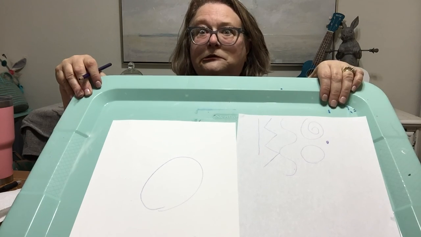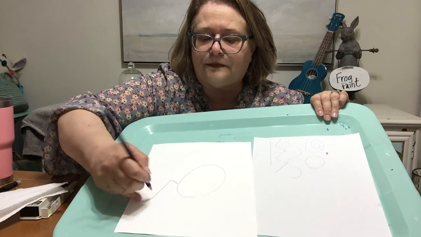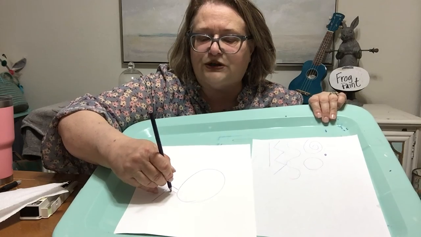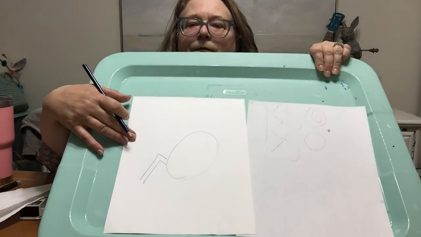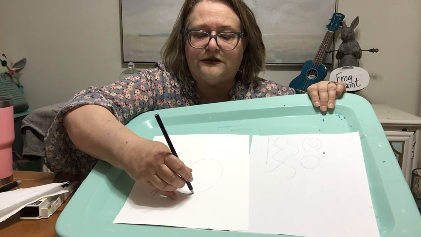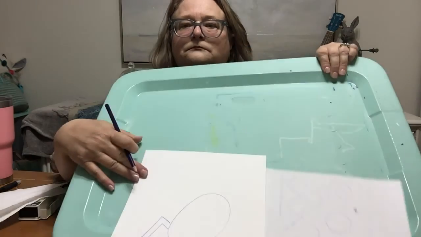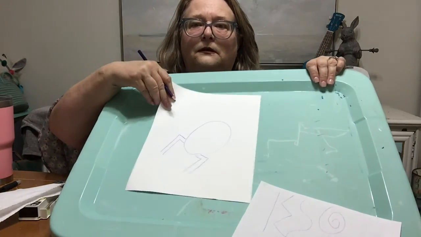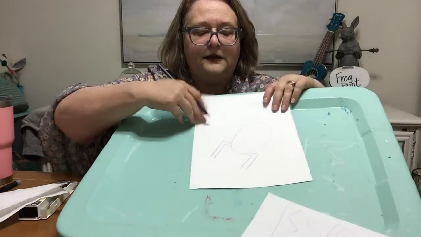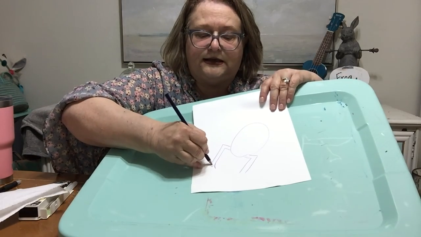Mine almost doesn't connect. Then I'm going to draw a number 7, and I'm going to match it on the other side. And over here, on the other side, I'm going to do a backwards 7. Whoops. And from this end to this end, I'm going to make a zigzag.